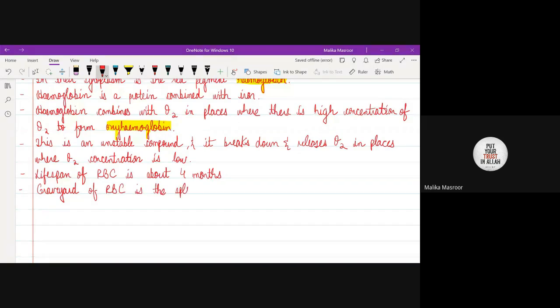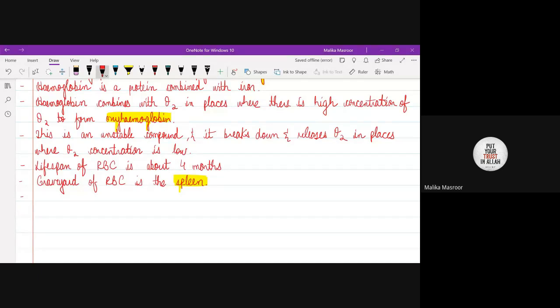And how is it broken down? Your red hemoglobin changes to a yellow pigment that is called bilirubin, which is excreted in the bile.